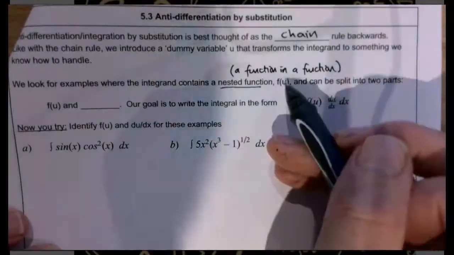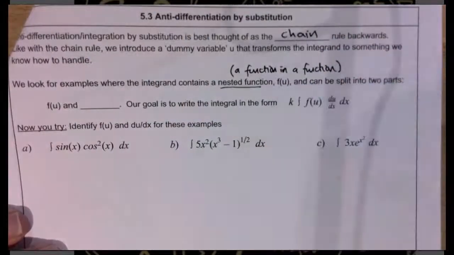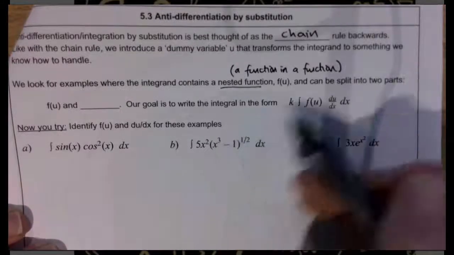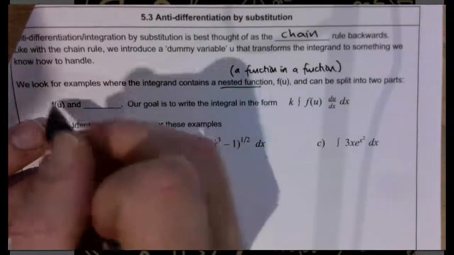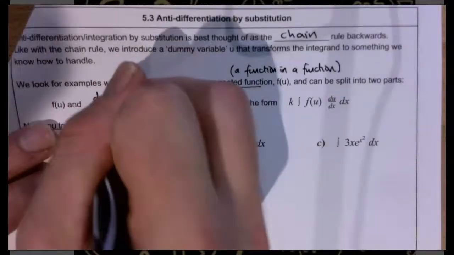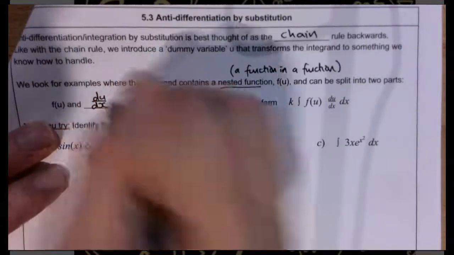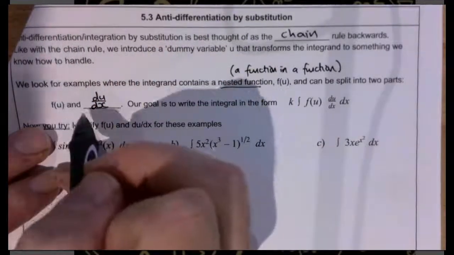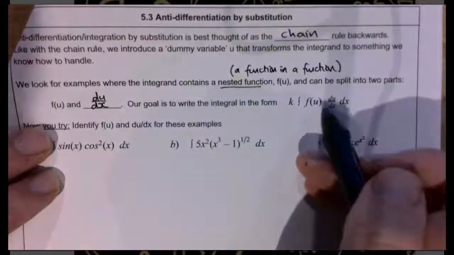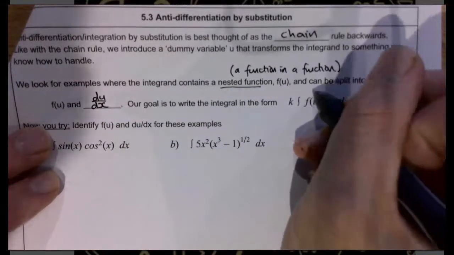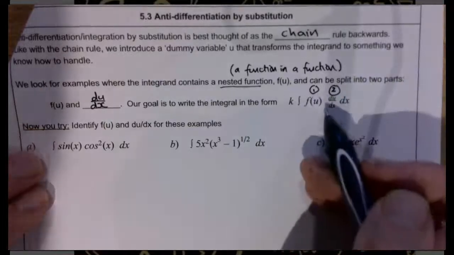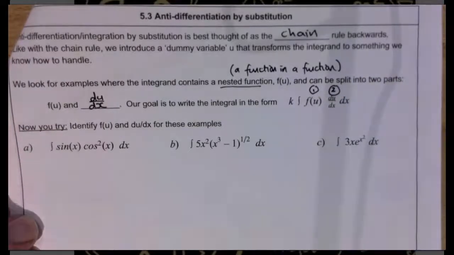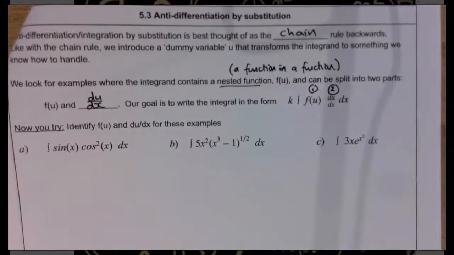So f of u, where u is another function itself. And the two parts we're looking for are a function of u and the derivative of u. If we see an integrand that we can split into those two parts, 1 and 2, well then we're away and we can use this technique of substitution.